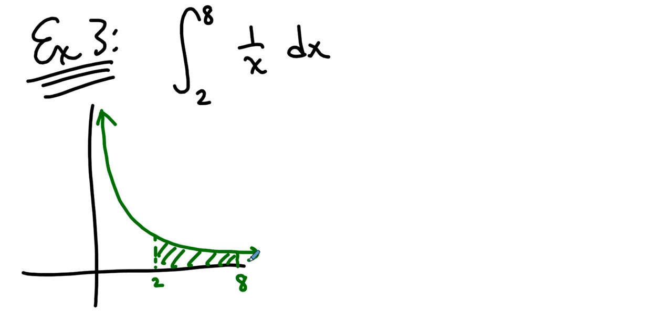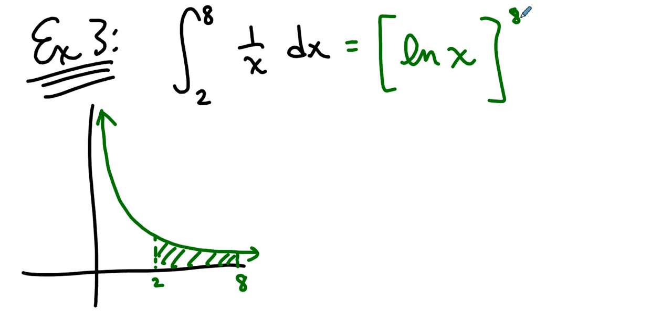So what do we do with that? Well, we find some antiderivative of 1 over x. Wait a minute, we have that. We evaluate, and subtract. Well, that means natural log 8 minus natural log 2.